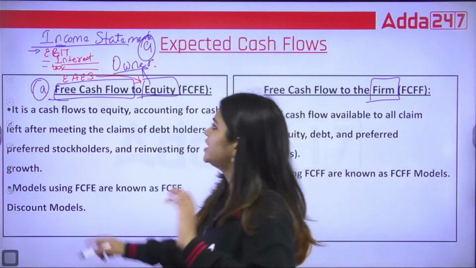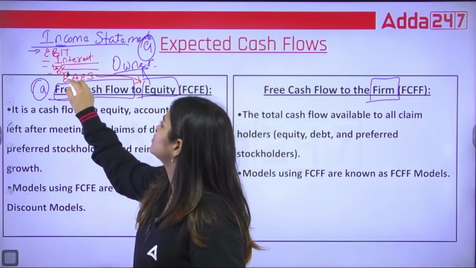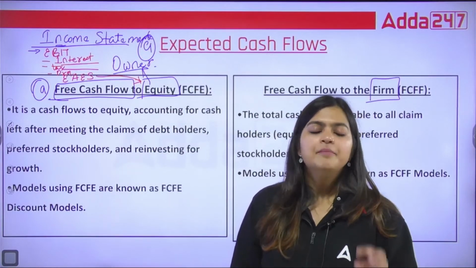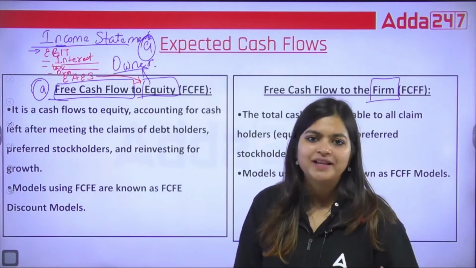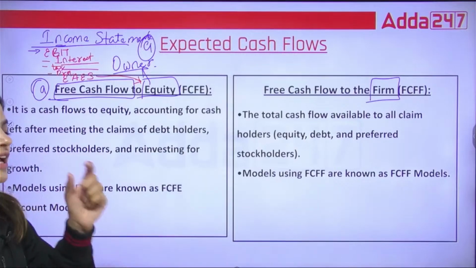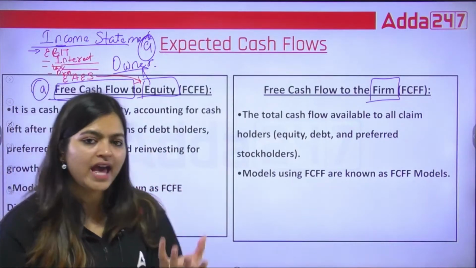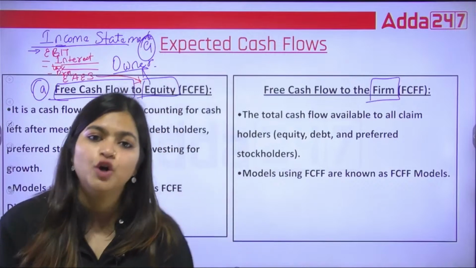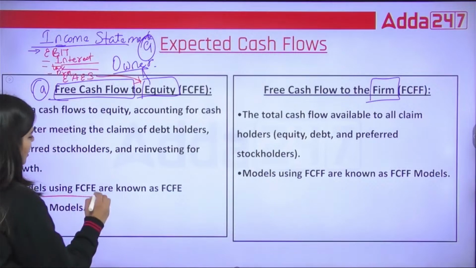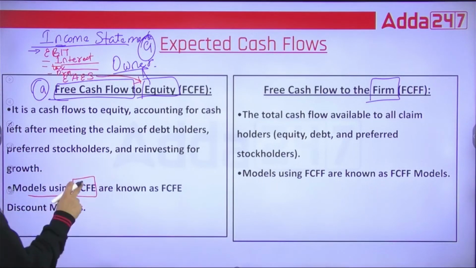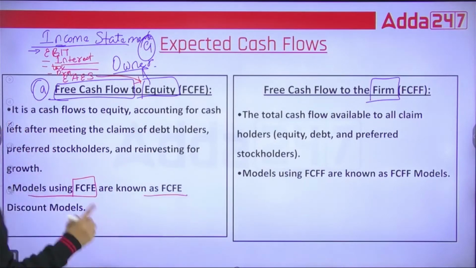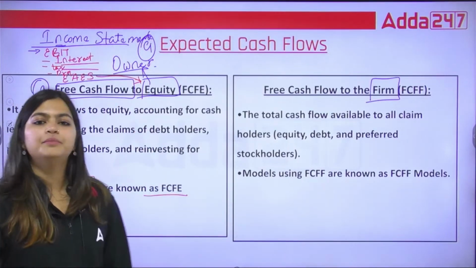If preference shares are present, then subtract them also from this income statement before distributing to your equity. This means after giving every expense, with every liability deducted from your income, the final amount that you have in your hand is your free cash flows to equity. And whatever models we are using for FCFE, free cash flow to equity, we call them FCFE discount models.